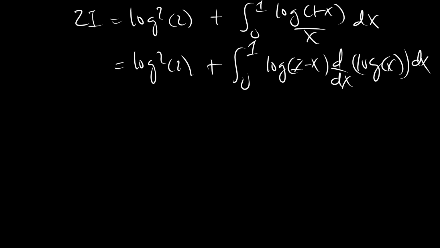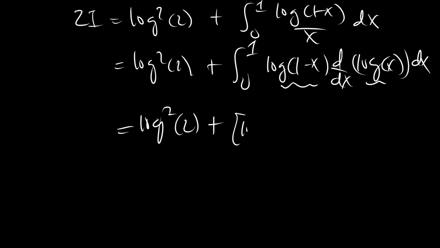And we could try and rewrite this one. So we have the square of log of that, and we're going to use integration by parts. So we have a product of this and that first.